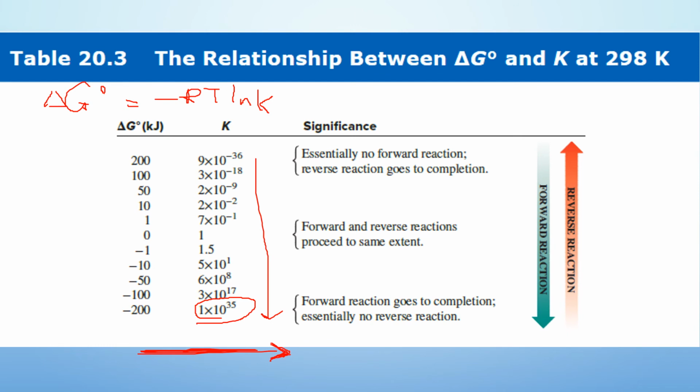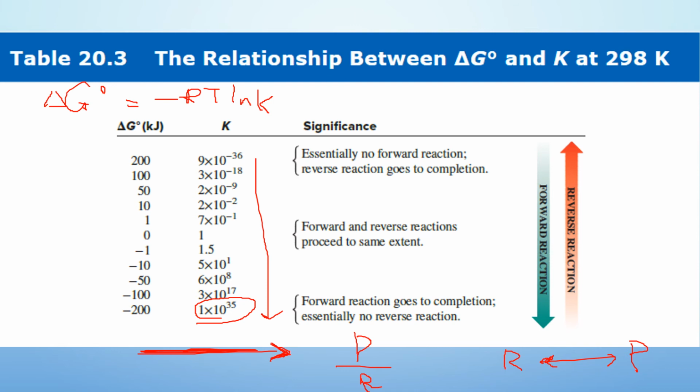K is the equilibrium constant, the concentration terms of the products divided by the concentration terms of the reactants. So this ratio is big, which means the reaction is preferred to the right-hand side.